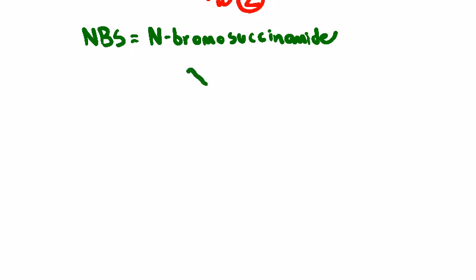So NBS stands for N-bromosuccinimide. And the structure of NBS is going to basically have a ring where we have a nitrogen directly bonded to a bromine, and then flanking that on both sides is going to be a carbonyl group.